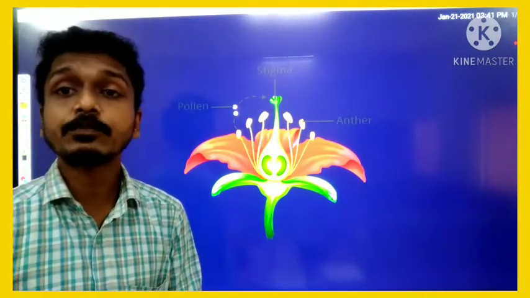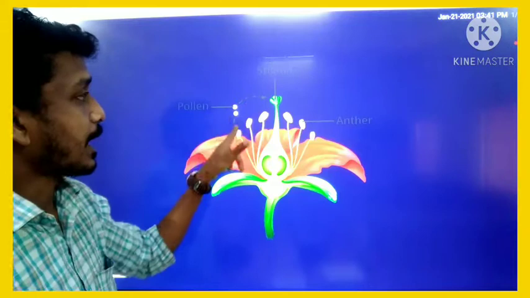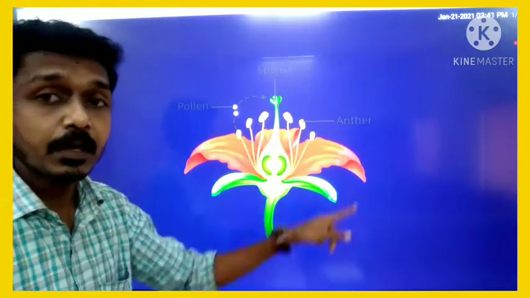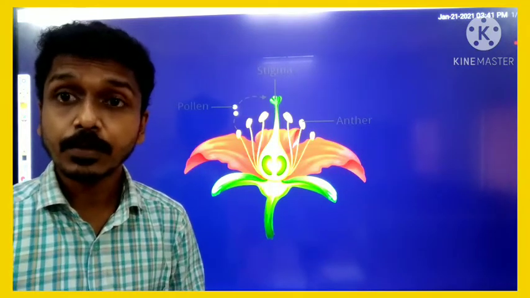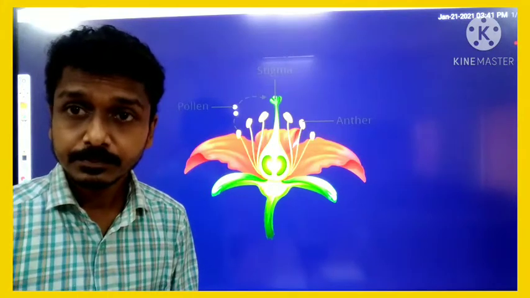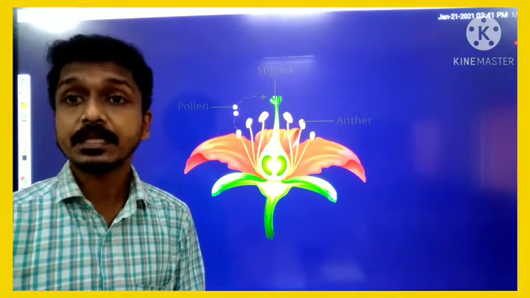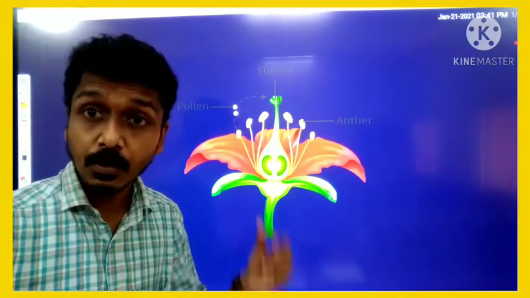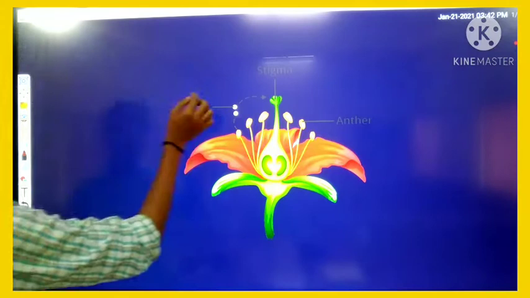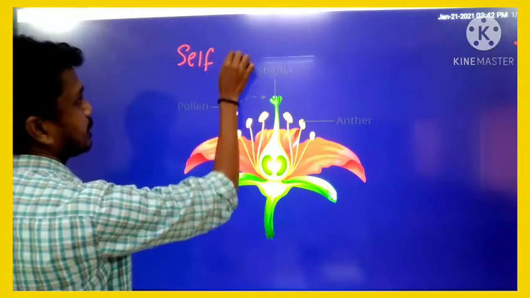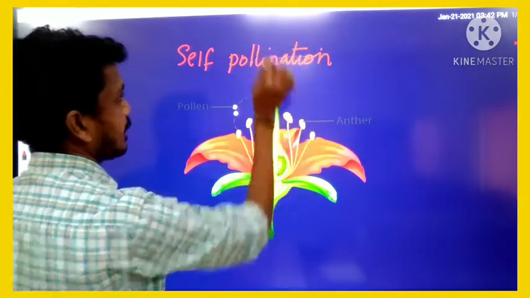Here you can see the transfer of pollen grain from anther to stigma of the same flower. Transfer of pollen grain from anther to stigma of the same flower, that pollination is called self-pollination.